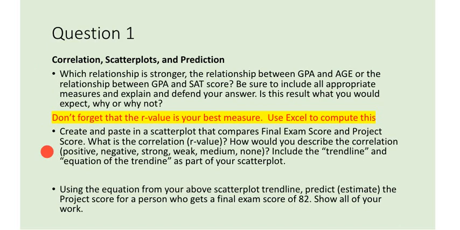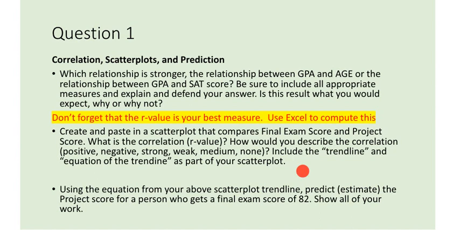Also, you're going to be creating and pasting in a scatter plot that compares the final exam score with the project score, and telling me about the correlation between those two. And would you describe that correlation as positive, negative, strong, weak, medium, right? We could say that it was a strong negative correlation perhaps, or a medium positive correlation.